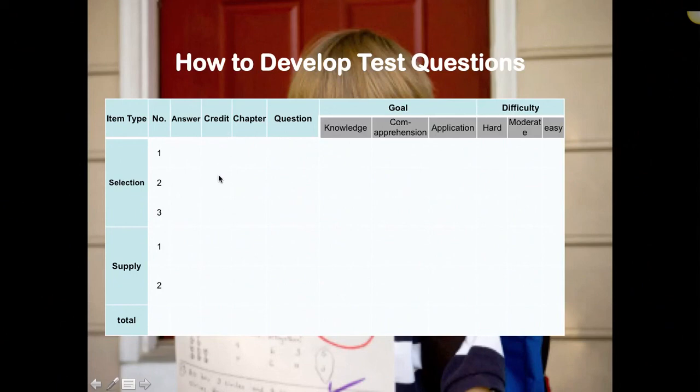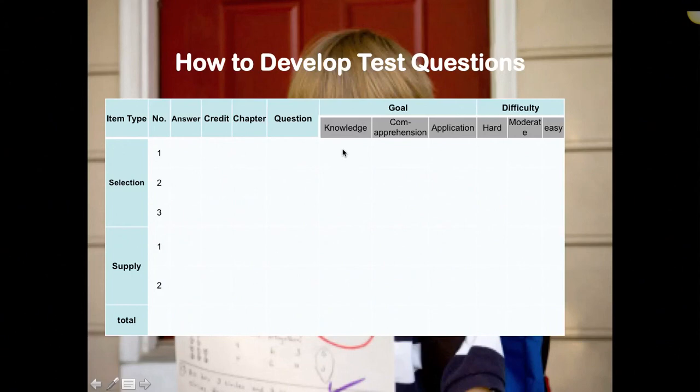How much points you are going to put for each question, and in what chapter you are going to use for this question. So this question can come from chapter 1 or chapter 2, so you can think about it and then make the question here.